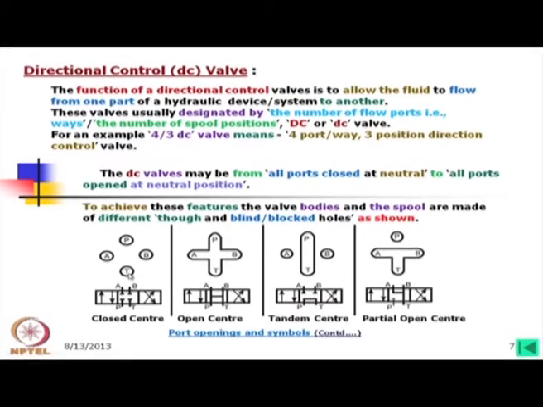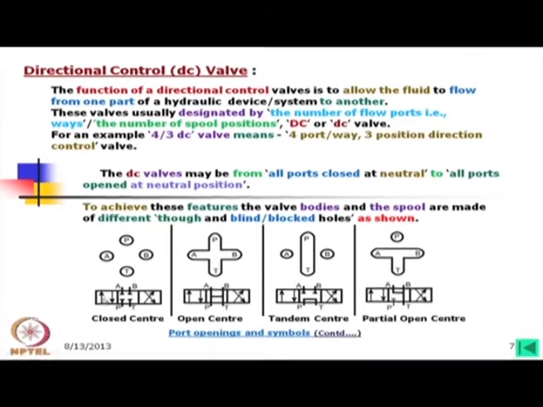P is the pressure port, T is the drain port. T means tank, P means pressure, not pump, here pressure port. It might be from a single pump or from a system. Now, A and B are normally on the actuator side, these 2 ports, and this is the symbol, and all the ports are independent at the neutral position. When we come to the right hand side, the connections are like that.